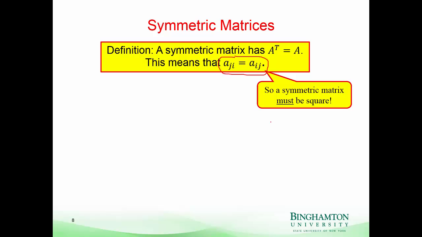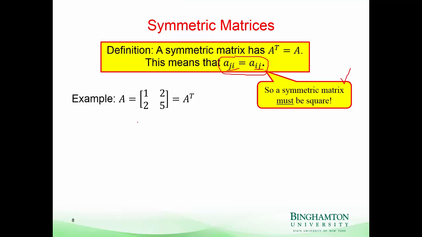We get exactly the same thing. And since we're just interchanging these and they're equal to each other, a symmetric matrix must be square. That's why when we draw the diagonal and flip it, it doesn't do anything. In order for that to have a chance, it has to be square. So there's a symmetric matrix.